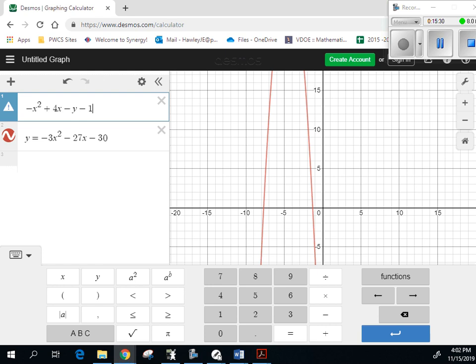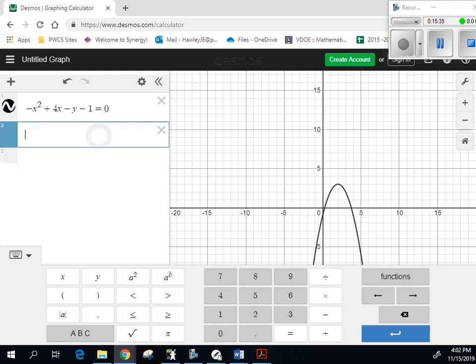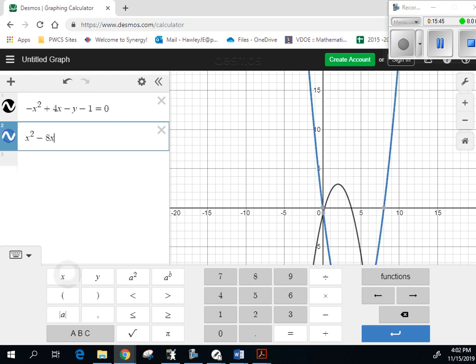And my next one is x squared minus 8x minus y plus 19 is equal to 0.